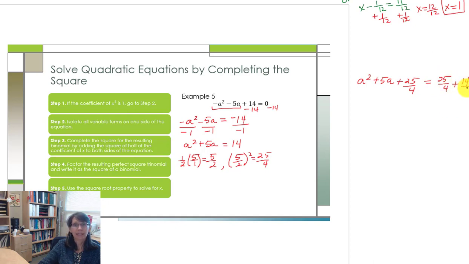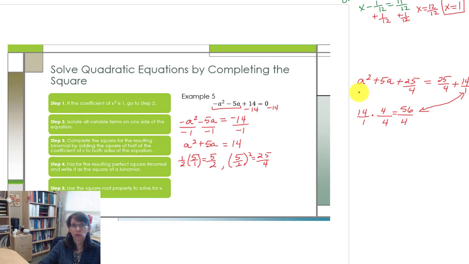But 14 over 1 doesn't have a common denominator. So what we'll need to do is build up 14 over 1 into a fraction that has a denominator of 4. So it might be obvious that 1 times 4 would make 4. Therefore, the numerator also has to be built up by a factor of 4. So 56/4 is the equivalent to 14 over 1.